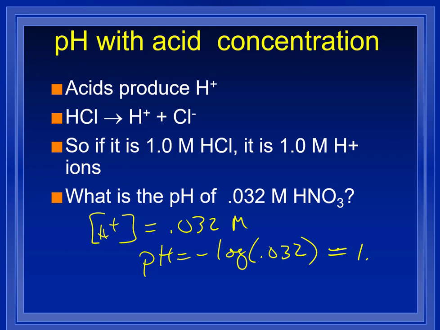That means I need 2 decimal places. So it's 1.49, because there's a 4 after that 9. Leave the 9 alone. The math's not different. You just have to be able to translate that the HNO3 is going to make H plus.